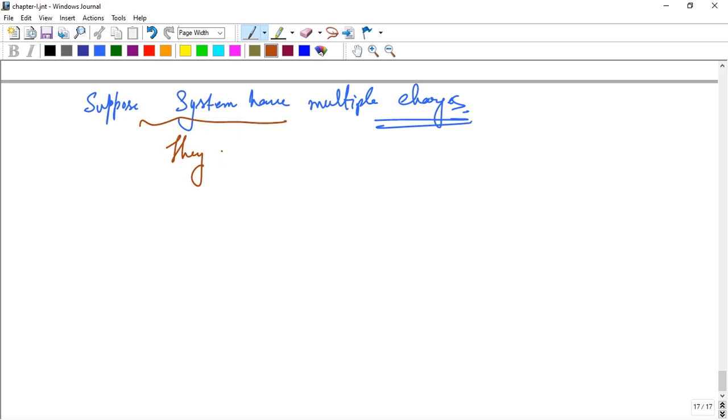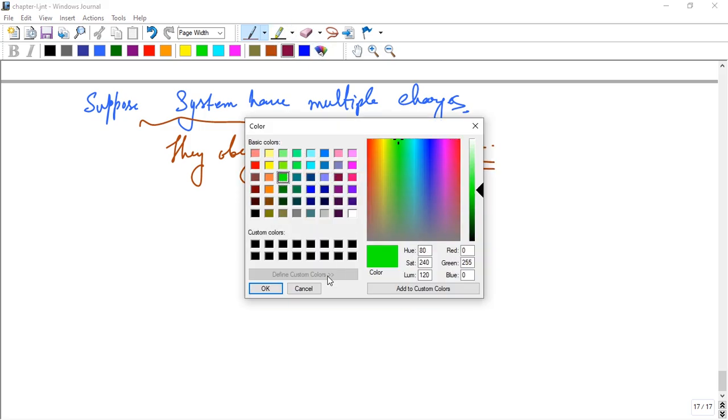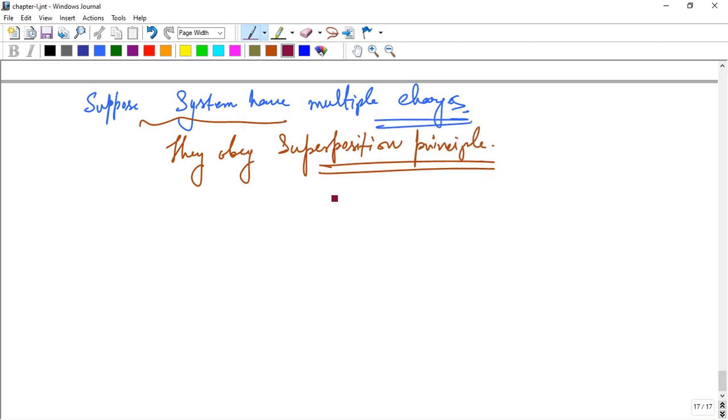So potential obeys the superposition principle, which means it is just algebraically added. So we get the total potential equal to the potential due to charge 1, plus potential due to charge 2, plus potential due to charge 3, and so on. This is the superposition principle, and it is a scalar sum, meaning the algebraic sum. Okay.